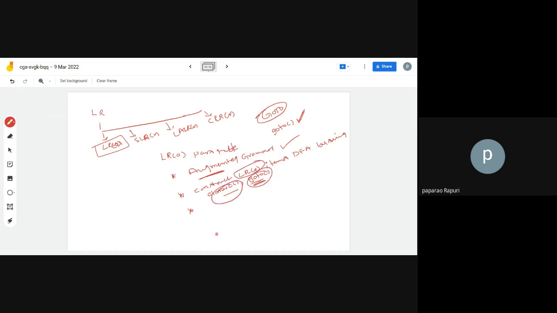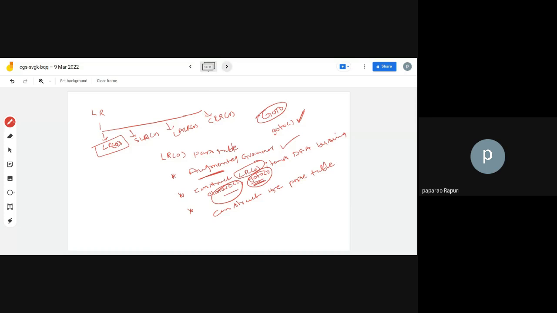Next, the third thing is to construct the parse table. So these 3 things we need to do to construct the LR0 parser table.